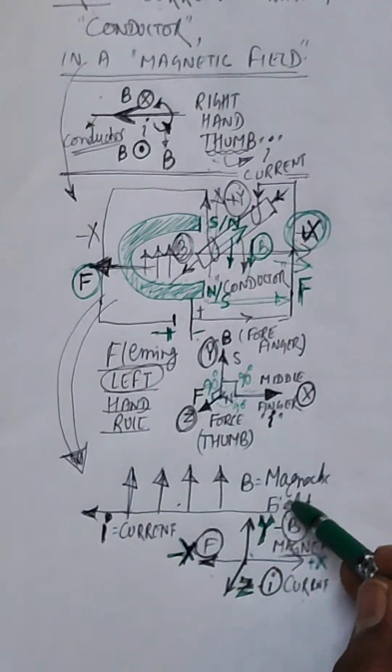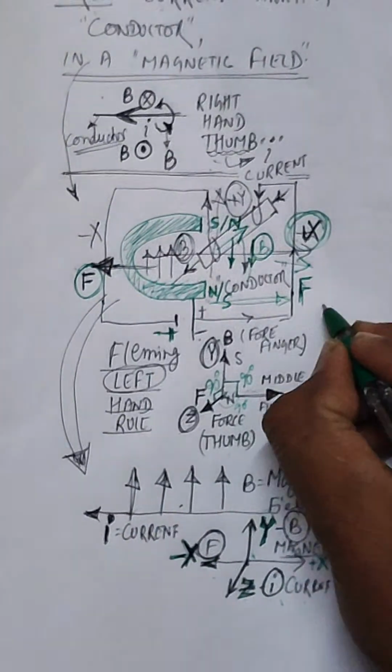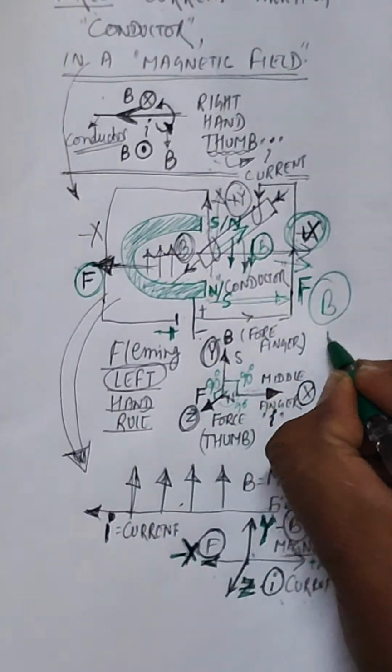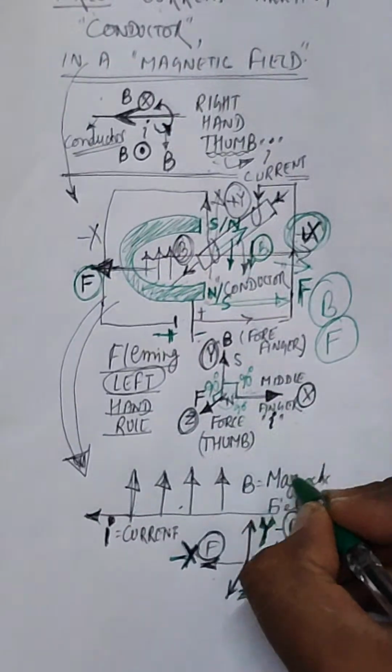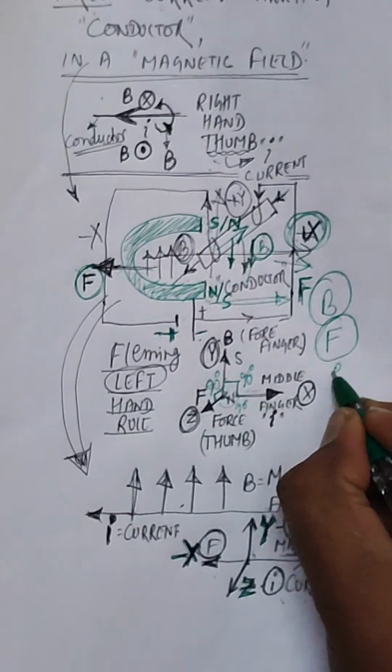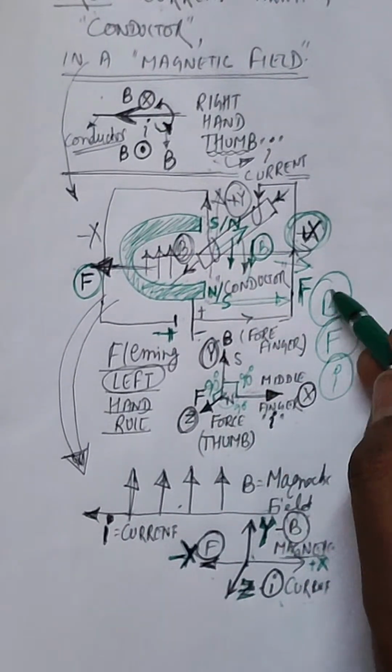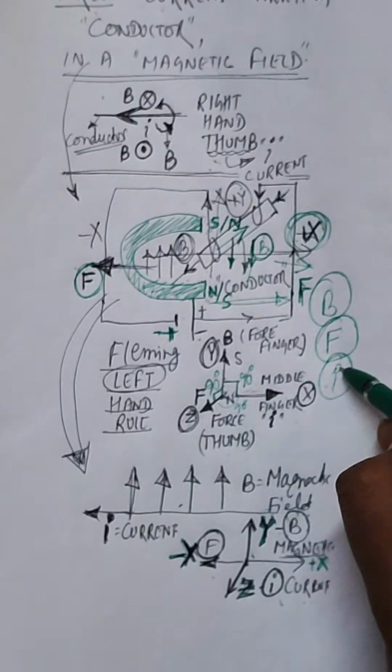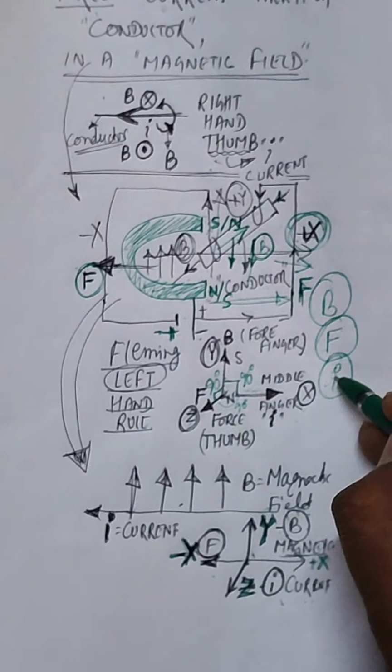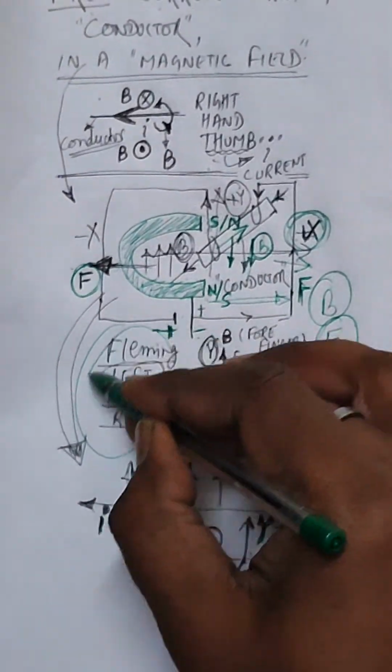How these three items are related with each other: one is magnetic field, one is the direction of the force, and one is the direction of the current. If you make any deviation in one of the items, another one will deviate, and all this is followed by Fleming's left hand rule.